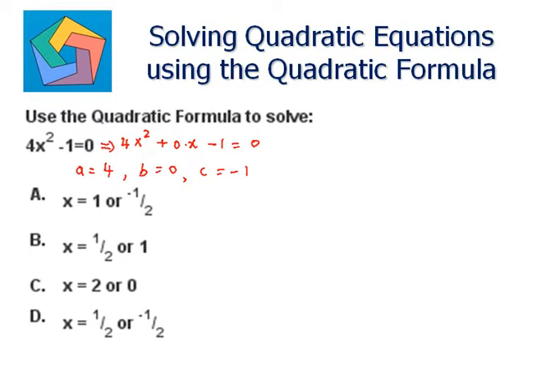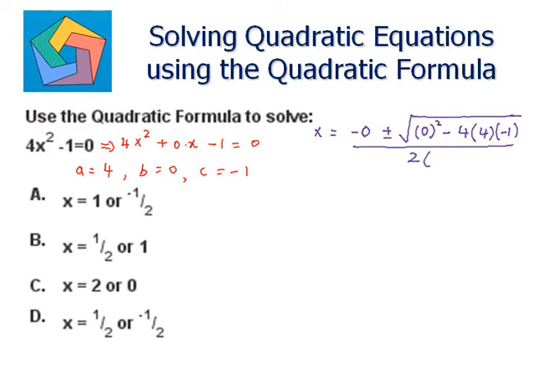Let's apply the quadratic formula. x is equal to minus b, that's minus 0, plus minus square root of b squared, that's 0 squared, minus 4ac. So 4 times a is 4 and c is minus 1, divided by 2a. So 2 times 4.